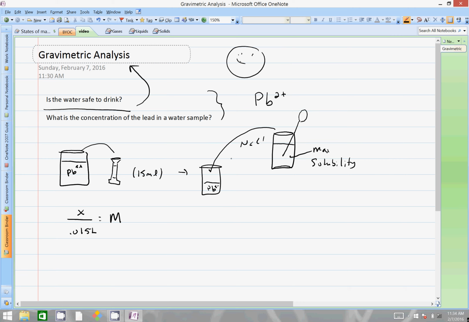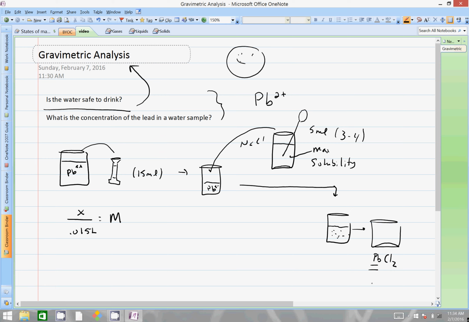A pipette is about 5 milliliters, so we'll do 3 to 4 pipettes, and you'll notice that at that point you will get a beaker with quite a bit of solidness in here, and it'll look quite white. Given time, this will in fact settle out, and you'll find the bottom will have lead chloride.